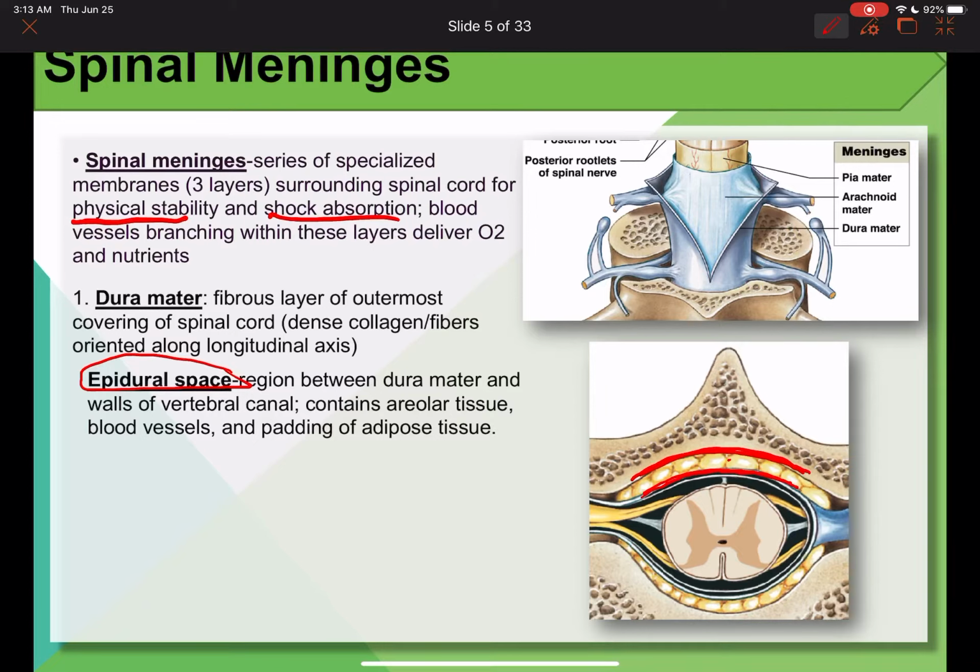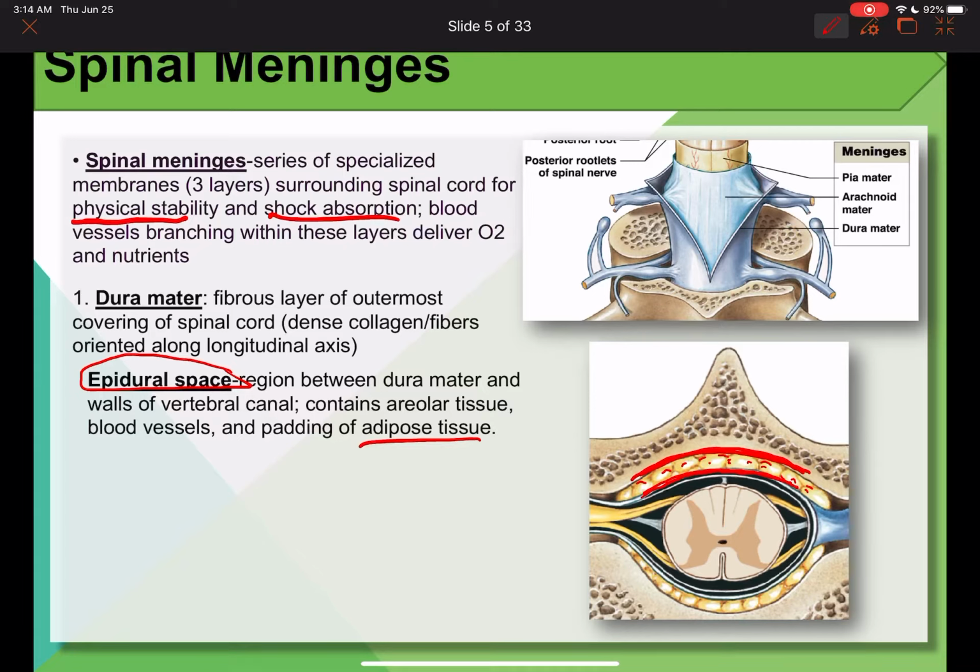Epi for top of, so it is a space on top of the dura mater. That's why it's called epidural space. And this space here is not for cerebrospinal fluid to travel, so don't confuse this with the subarachnoid space. The space here is packed with areolar tissue, blood vessels, and mostly adipose tissue as well. That's why you see all these fat cells here.